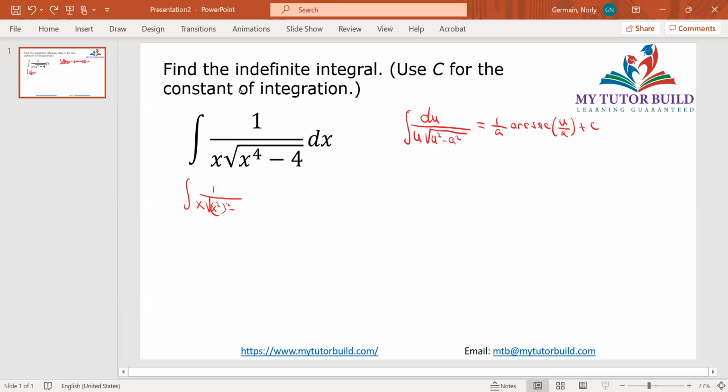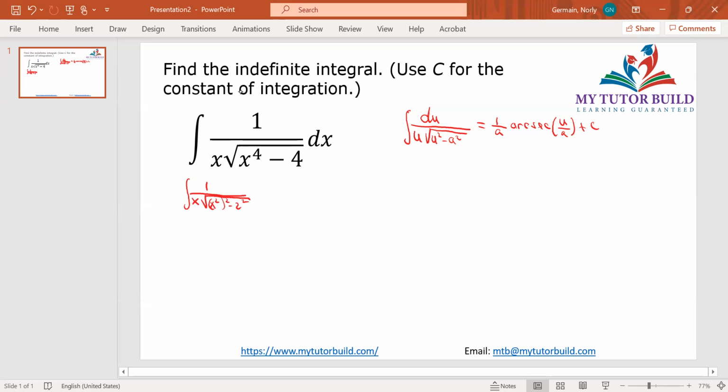I'm going to try to write clearer so you can see everything. Now we have 1 over x times the square root of x squared power 2 minus 2 squared. So we can consider u as x squared and a as 2.